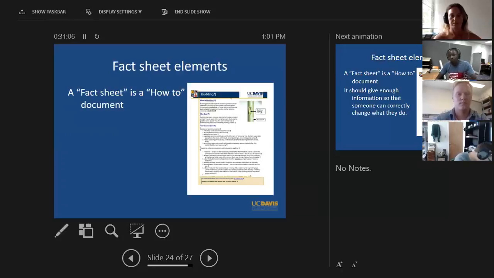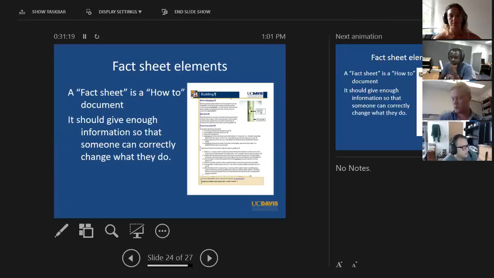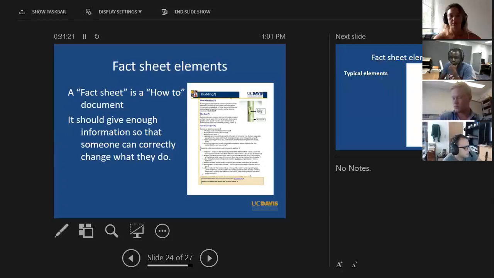So that then becomes the version that you can use however you like. You can make a video, you can turn it into a workshop, you can use it as the basis of your field demonstration. But the fact sheet is that starting point. A fact sheet is about giving enough information so that your audience can correctly change what they do. Comments on that?